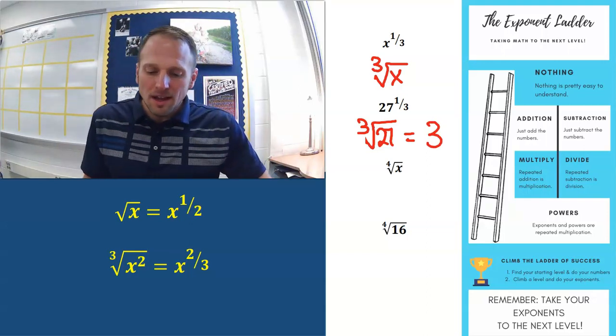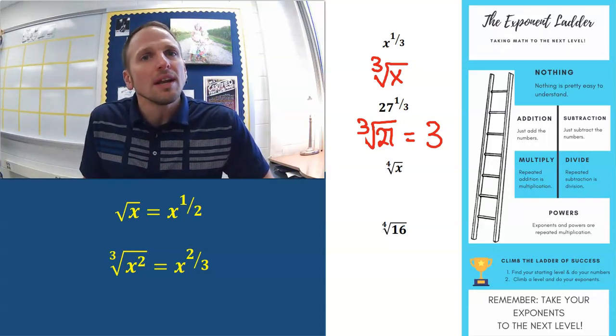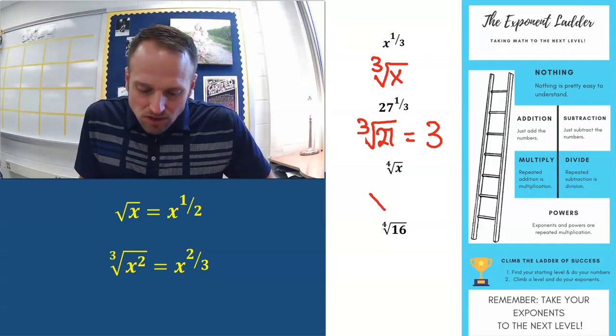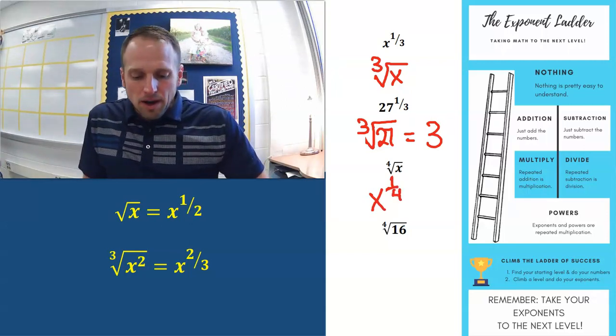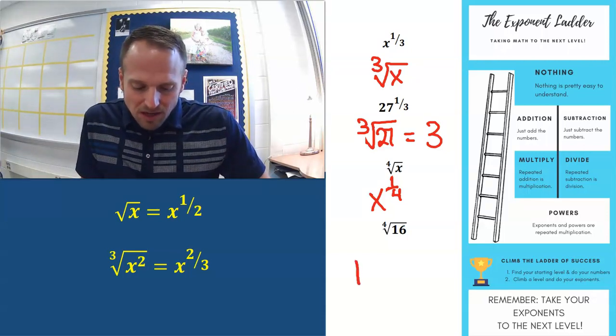All right, let's look at the next one. The fourth root of x. This is written in radical form. Let's write it in exponential form. The fourth root of x is just the same thing as saying x to the 1/4 power. The fourth root of 16, we could say that's the same thing as 16 to the 1/4 power.